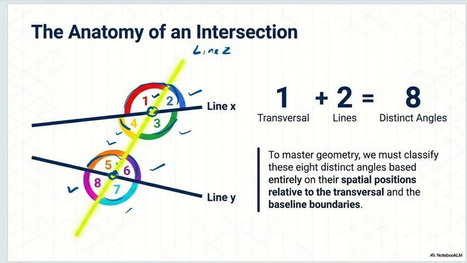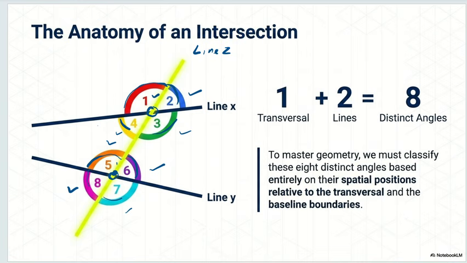So here what I have written, 1 plus 2 is equal to 8. What is the meaning of this? Okay, I'll explain now. So 1 means the one transversal line we are using here. 2 means the two lines that are cut by the transversal line. Okay. So 1 plus 2 is equal to 8.